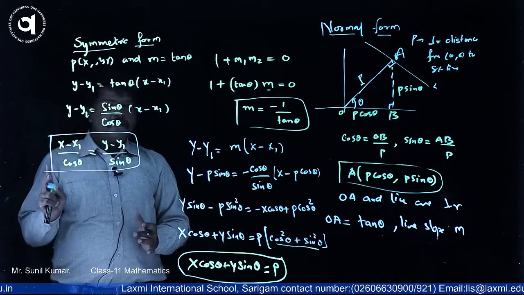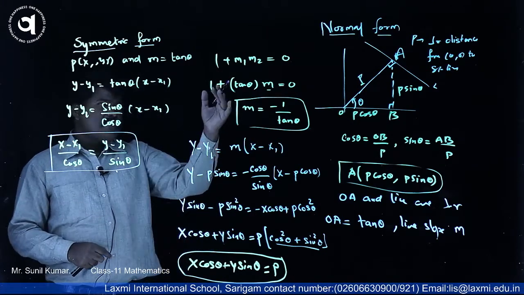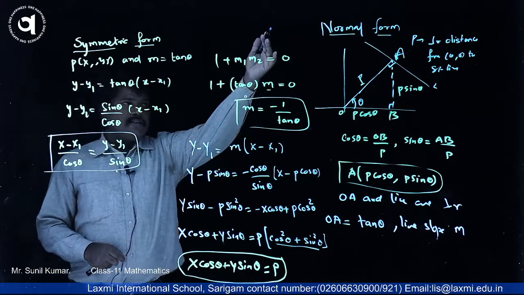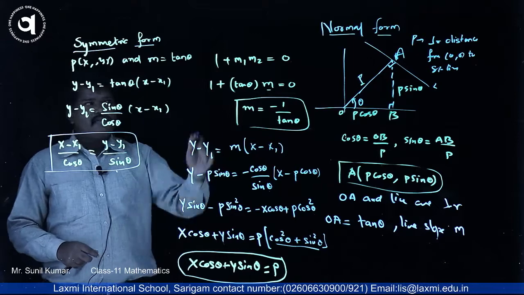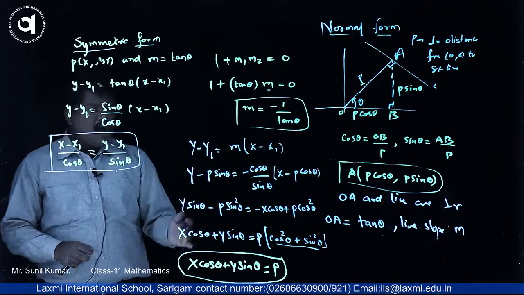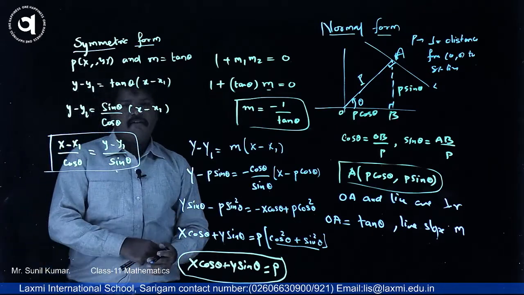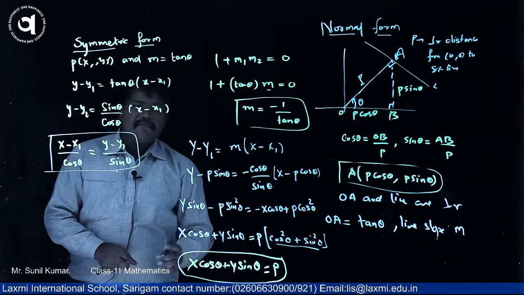There are total 5 done, and this sixth one which we have discussed now is the normal form of a line and then the symmetric form of a line. So, normal form and the symmetric form are added in class 11. So, these both are very important.